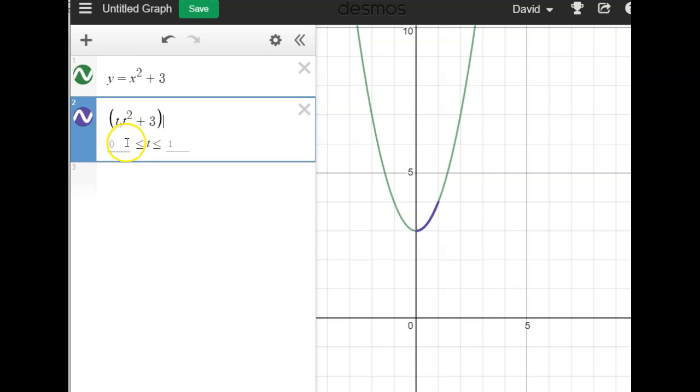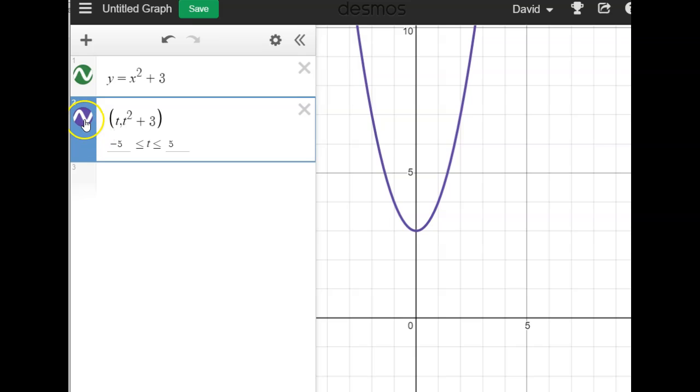Now, notice we only get this tiny little snippet, so t would have to be able to vary between a lot of different values for this to work. We'd have to extend this out into the negatives to cover all that we can see here. But remember, I don't like this version of Desmos because I can't see the movement within the curve.